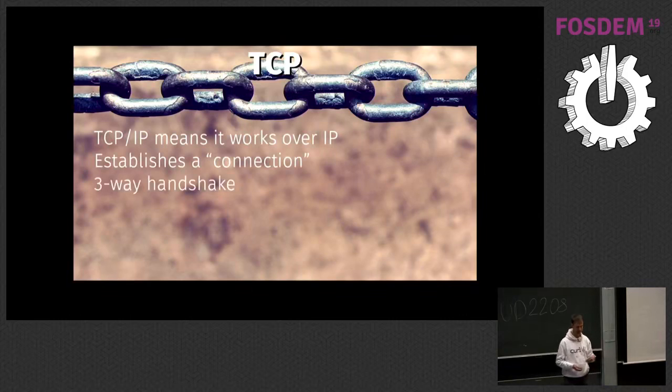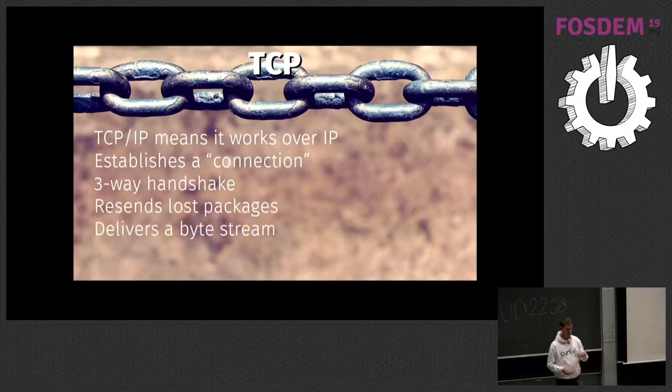There's a three-way handshake, ping, pong, bong, before you have a connection. And then you send data, and it resends lost packages, and you get a byte stream. You send data from the one end, and it ends up in the other end, in that order, or it doesn't end up there at all if the connection breaks. But that's basic for TCP.